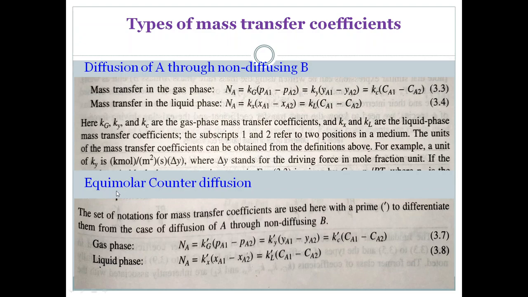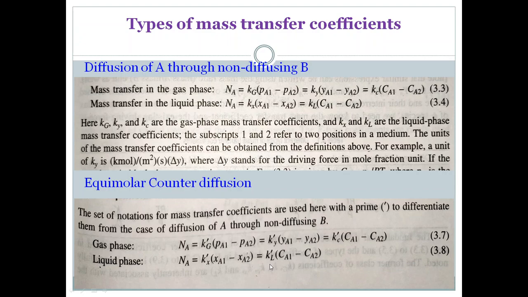The second type is equimolar counter diffusion. In equimolar counter diffusion also there are gas phase and liquid phase. Okay. So in gas phase we have kG prime, ky prime, kc prime. And in liquid phase kx prime and kL prime.